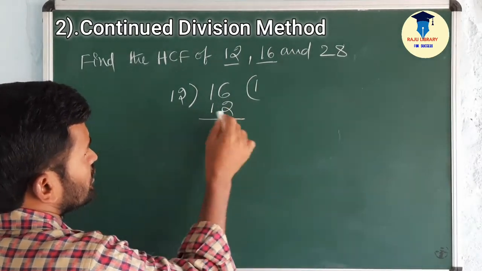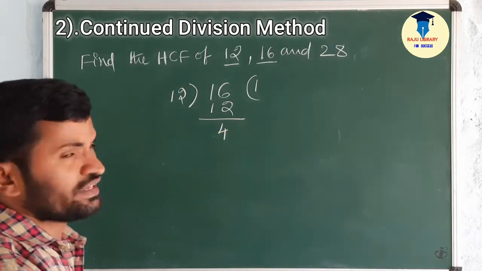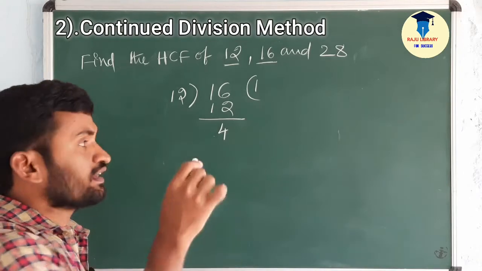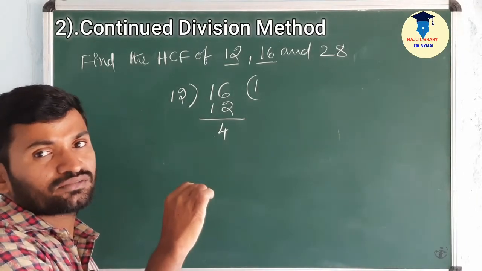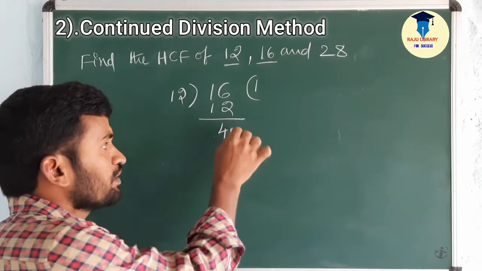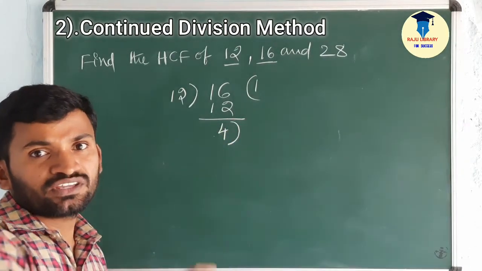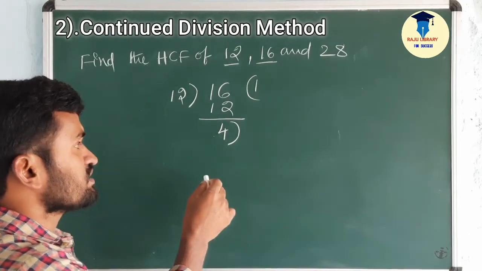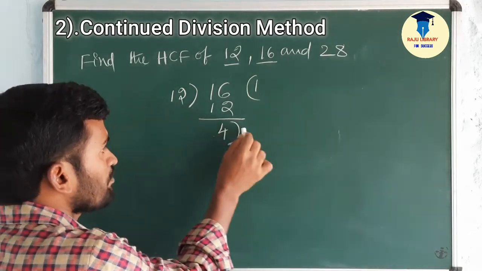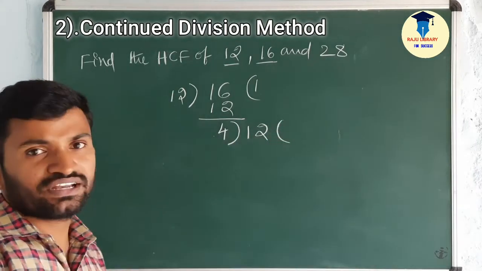The remainder is 4. Again continue from here onwards. This 4 is a remainder here, but for the next step it becomes the divisor. Next, this 12 becomes the dividend.